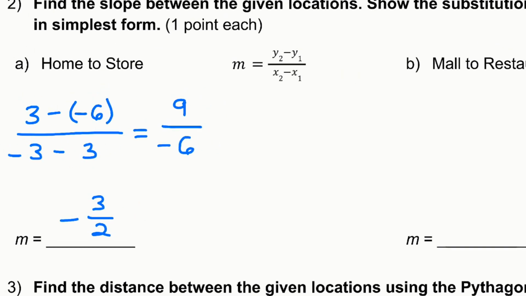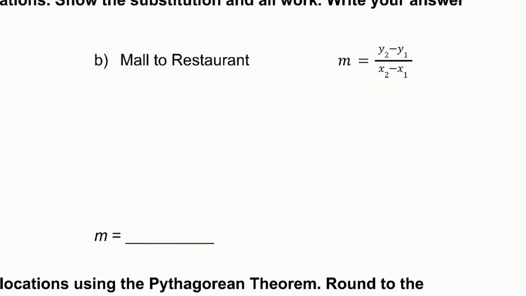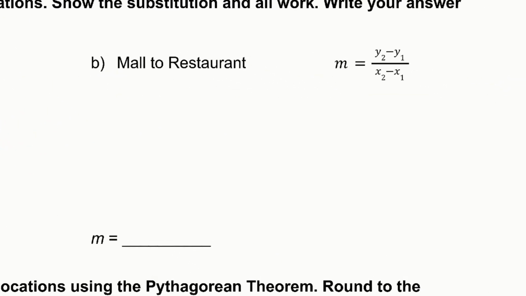For B, we're going from the mall to the restaurant. So the mall's y is 6 minus the restaurant's y, which is -2.